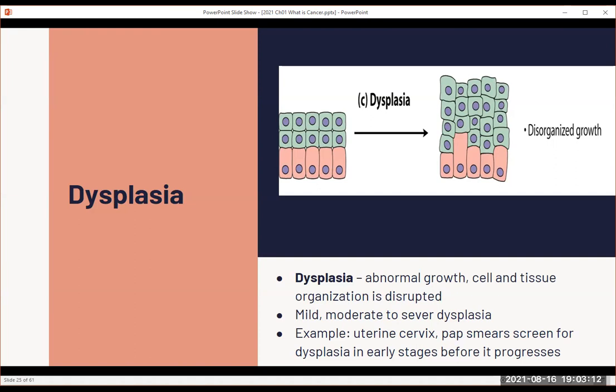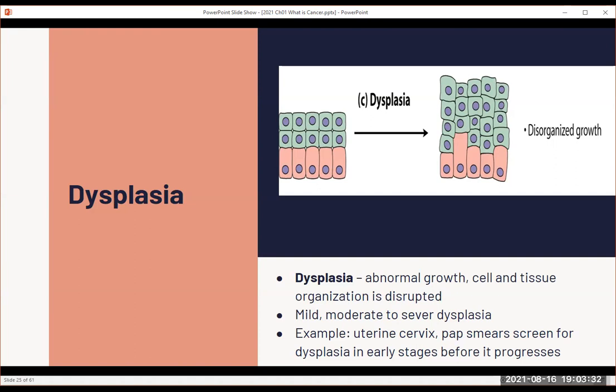So we could go from mild to moderate to severe dysplasia, right? So dysplasia can be considered on the path towards development of a tumor, but isn't quite a tumor yet.